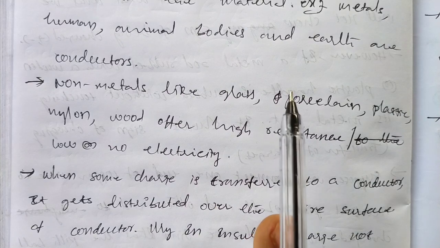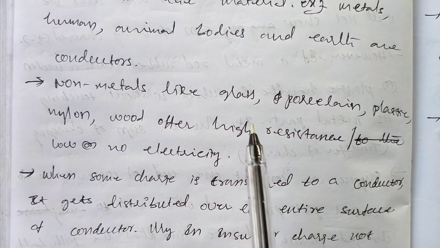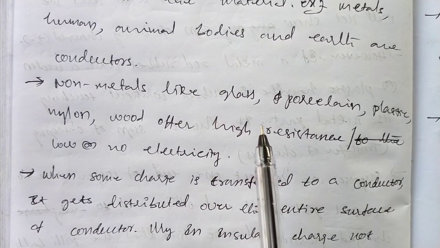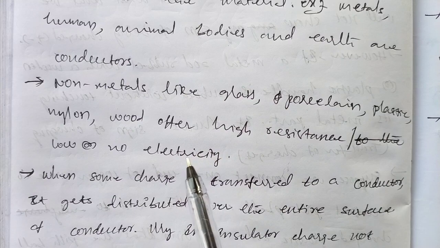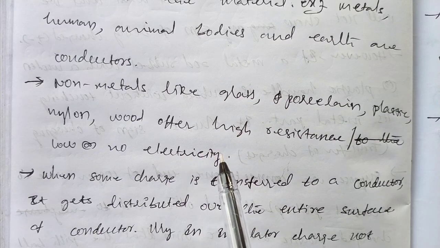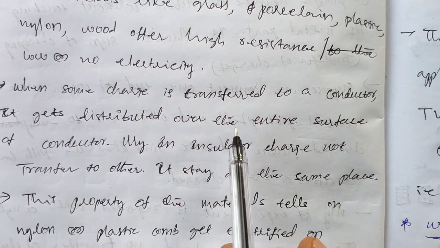Non-metals like insulators have high resistance and high dielectric strength. They have no free electrons. That is why they have low electrical conductivity compared to conductors and semiconductors.